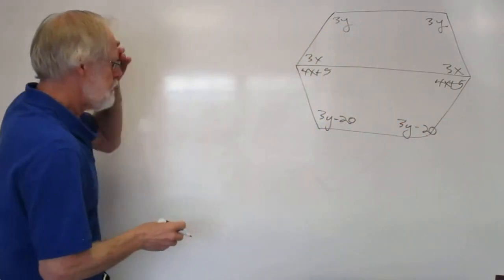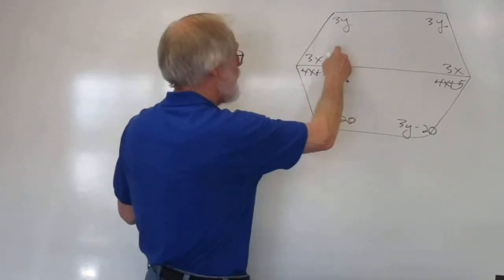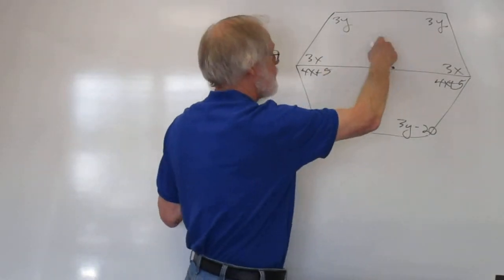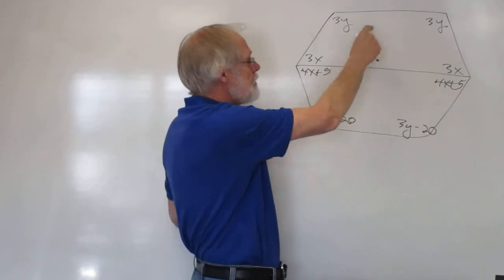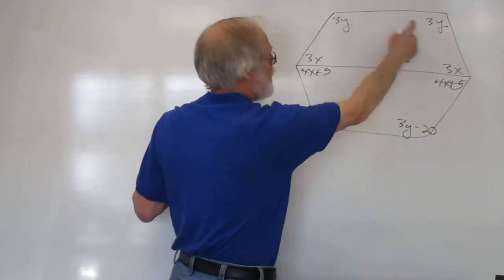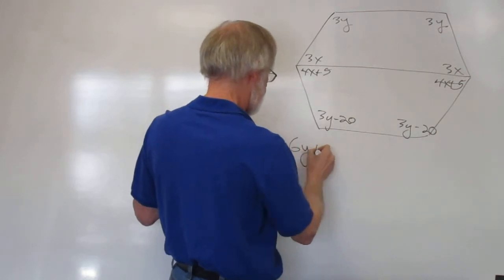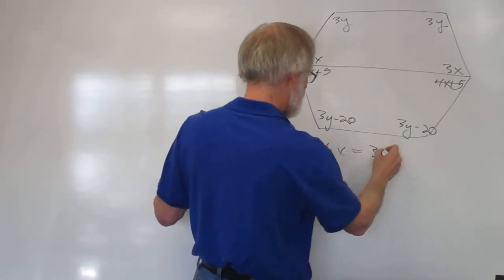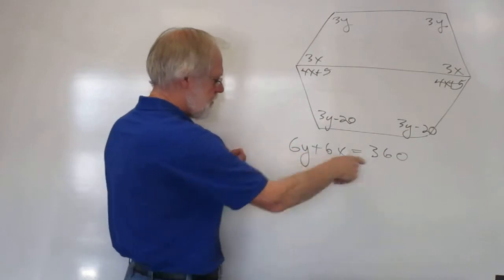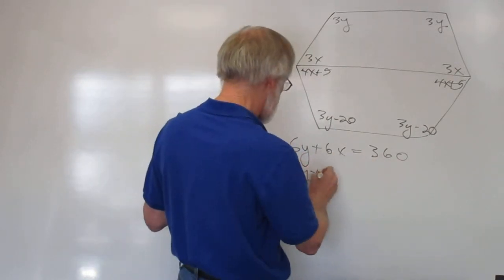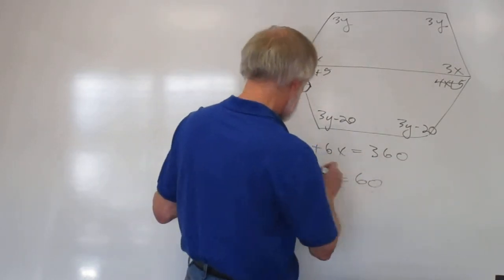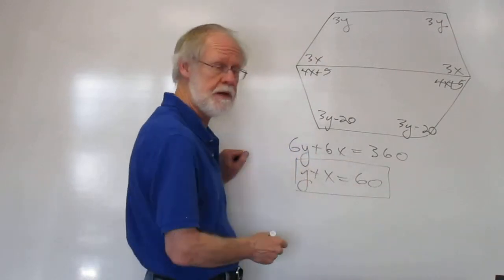Now, if you add up all of these angles, you know this is a four-sided figure, so they're going to add up to 360. That would give us 6y plus 6x equals 360. I'm going to simplify that by dividing everything by 6, so I get y plus x equals 60. There's one of the two equations that we need.